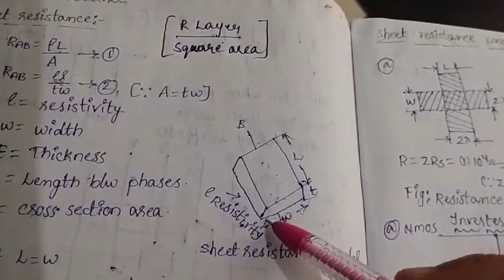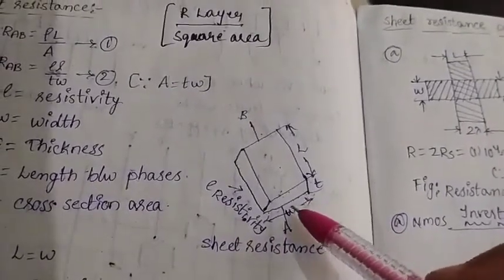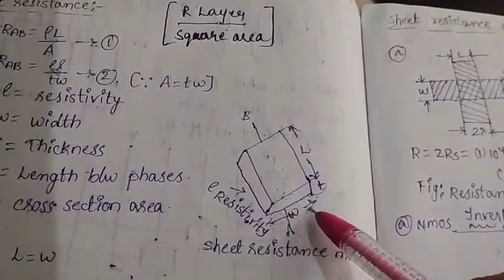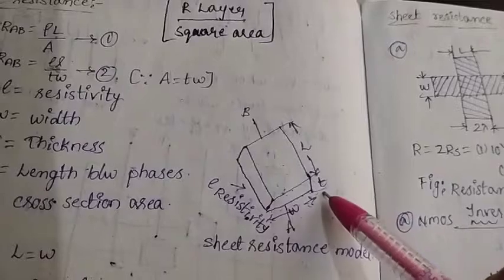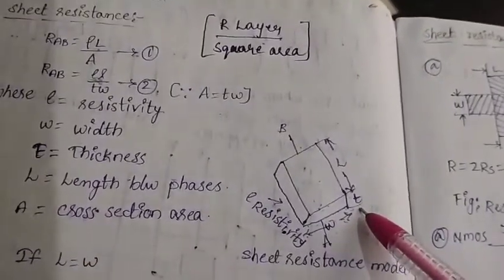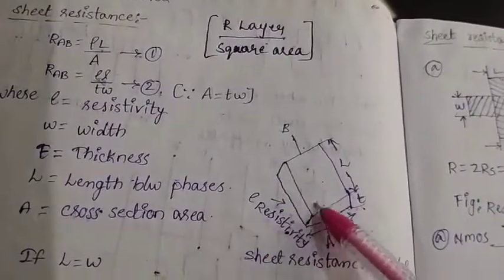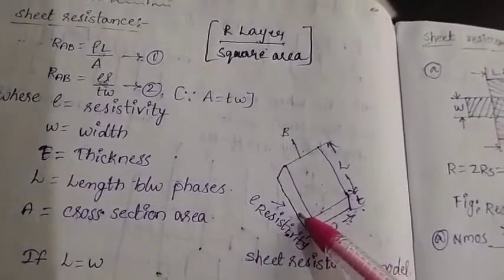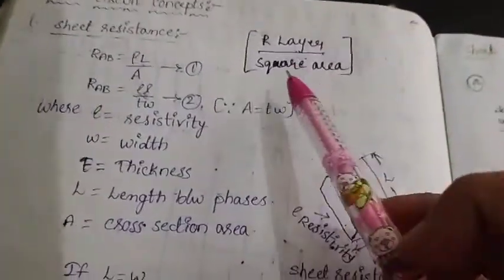You can see here the material: W is the width of the material, L is the length of the material, T is the thickness of the material, and rho is the resistivity of this semiconductor material. Next, how to find the sheet resistance.